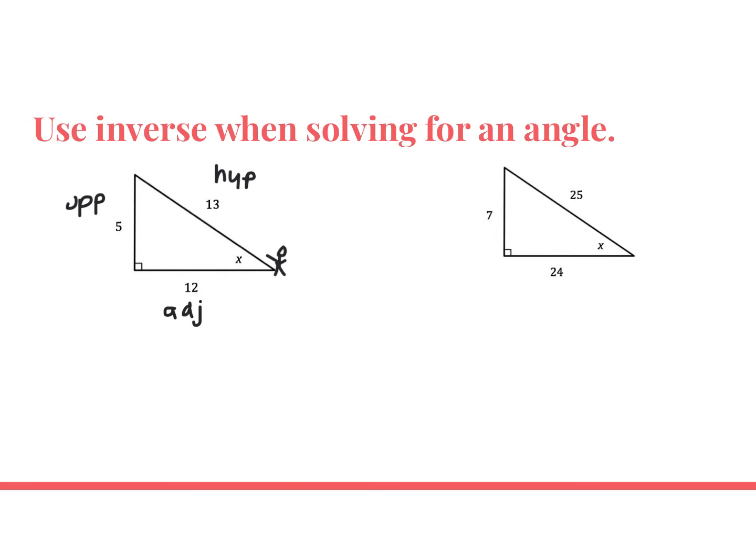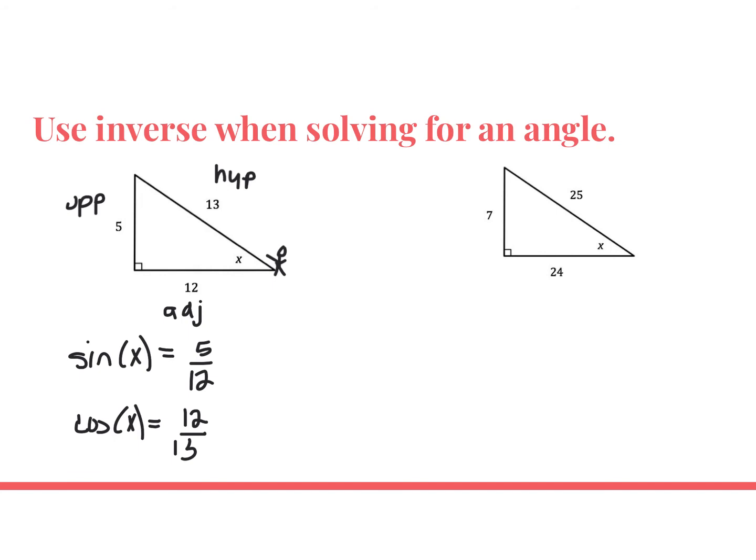Your longest side is always going to be across from your largest angle. For this one, I have labeled all three sides, so you can choose which ratio you want to use. If I want to solve for X, I would say sine of X, let's say, is opposite over adjacent. If you want to use cosine for this one instead, you could say adjacent over hypotenuse.